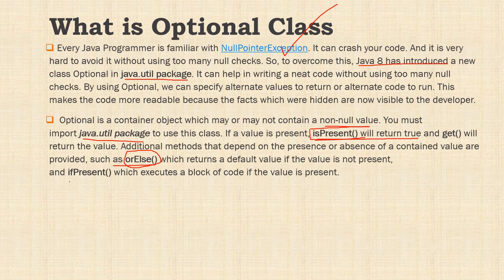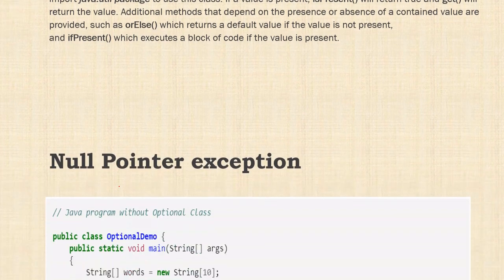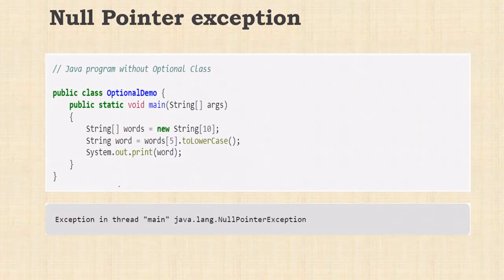These are examples of Java 8 methods. isPresent will return a boolean, orElse lets you provide a default value, and ifPresent, if a value is present, will run some line of code. But we have almost 10 to 15 methods inside the Optional class, so we'll see them one by one, no need to worry.